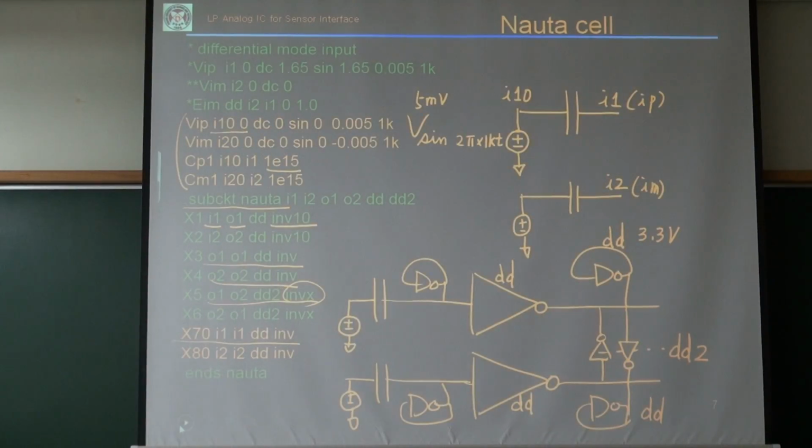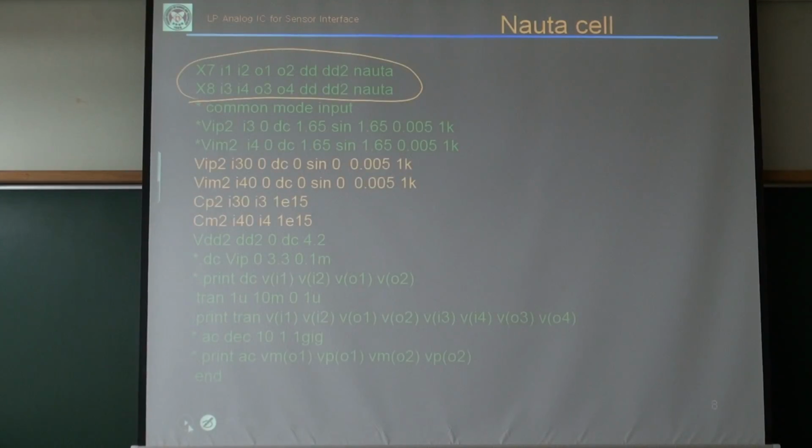Where is my differential mode nota cell? Oh, somehow I didn't call it yet. Okay, let's check the code. So here I have, yeah, this is the one. Where is the other nota cell for this coupling?